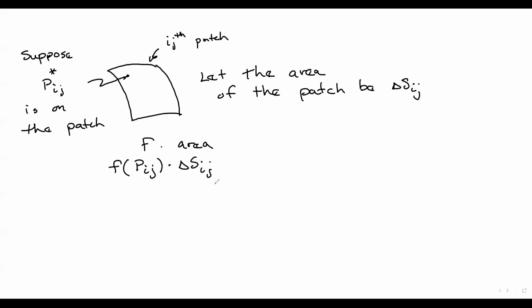And so this does accomplish our objective, which is to find the amount of f on that patch. Hold on. This is the amount of f for this patch, for the ijth patch.